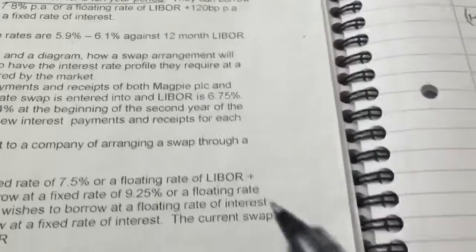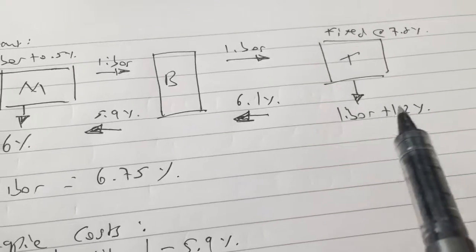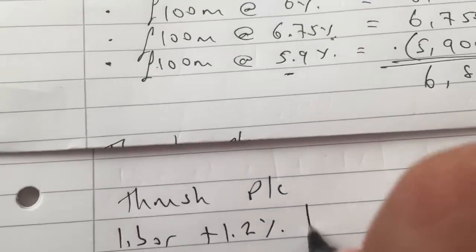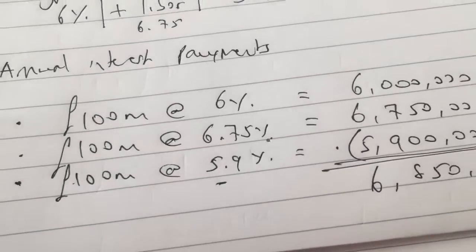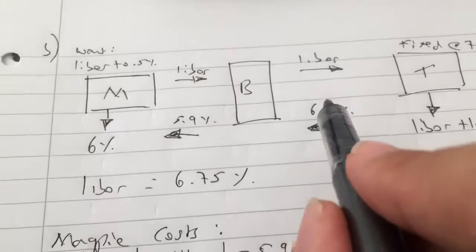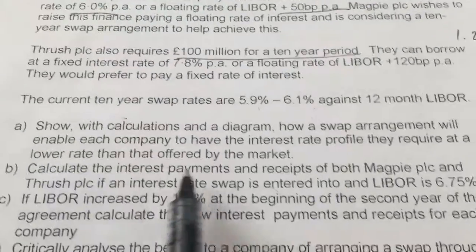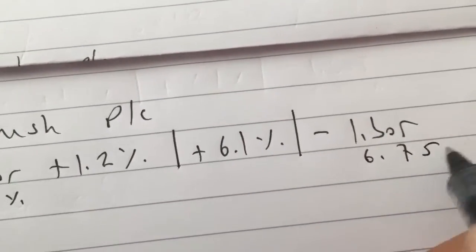That's for Thrush PLC. Straight away we know that we're forcing them to borrow at LIBOR plus 1.2%, and this is positive. LIBOR plus 1.2%, and 6.1% is going out, so we're adding 6.1%, and LIBOR is coming in, so we're taking away LIBOR. They told us in the question that for part B, LIBOR is 6.75%, and here, when we're taking away LIBOR, it's 6.75% as well.